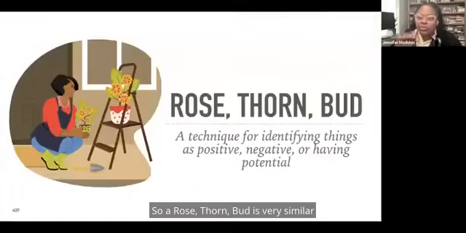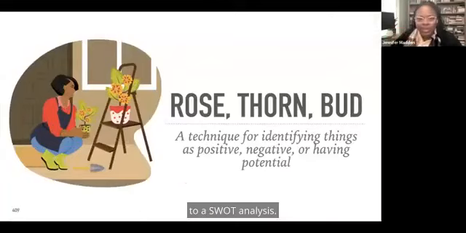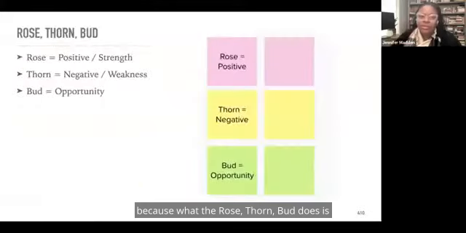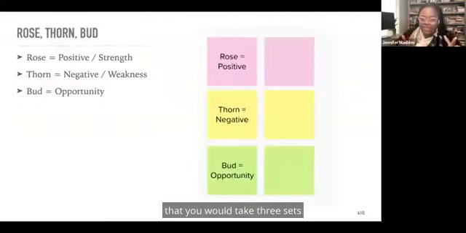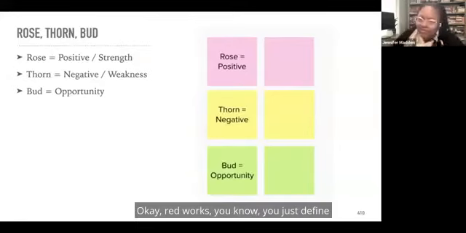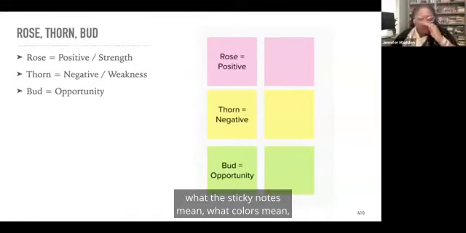So a Rose Thorn Bud is very similar to a SWOT analysis. And in fact, I like to call it a visual SWOT analysis, because what the Rose Thorn Bud does is that you would take 3 sets of sticky notes, different colors. Now, you might say, I don't have sticky notes, I only got red. Okay, red works. You just define what the sticky notes mean, what colors mean what.